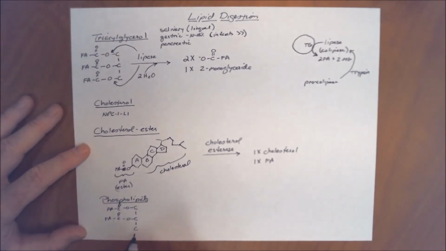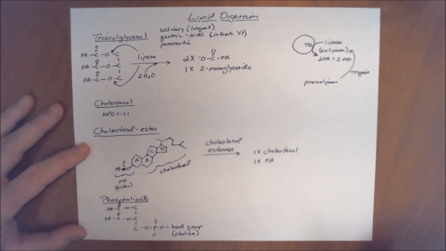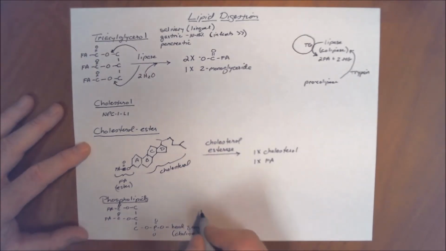And then on the last carbon, we have our phosphate, and we have attached here the head group. And this can be choline, ethanolamine, serine, and a variety of other head groups. Carbohydrates can also be added. So how do we process this in our diet?